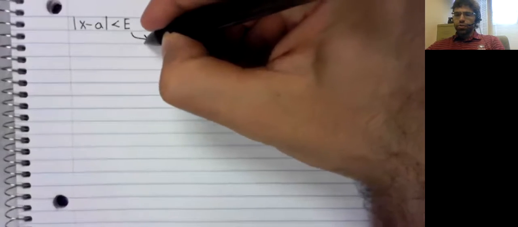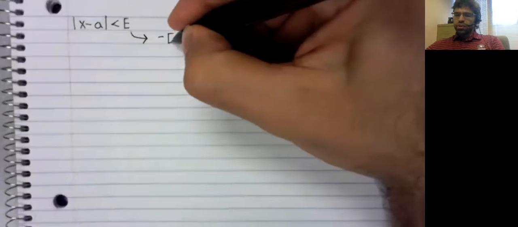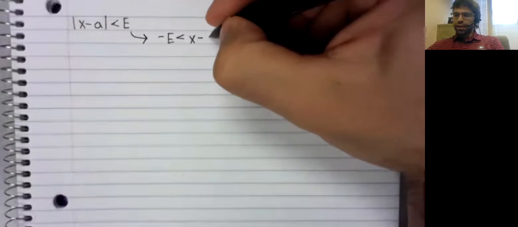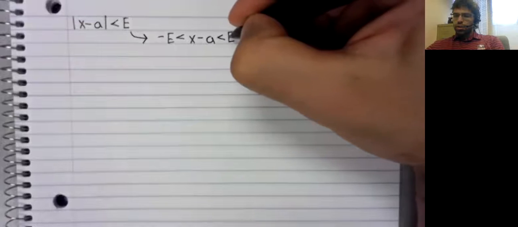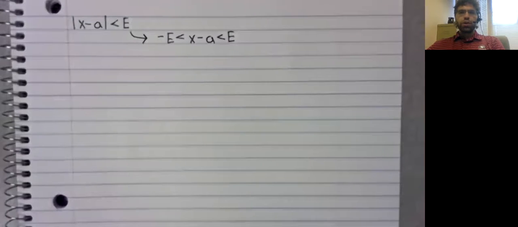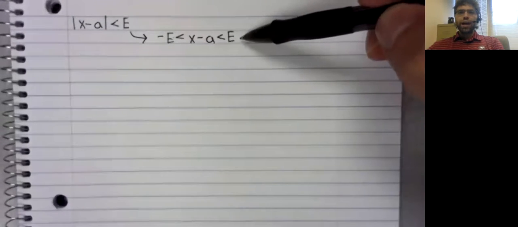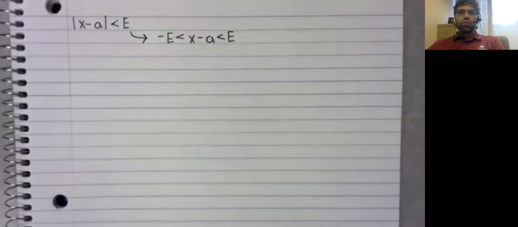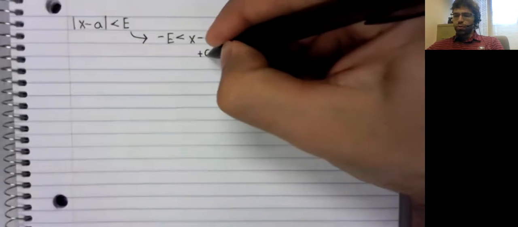The way we solve such an inequality is that it translates into a compound inequality. A compound inequality is one that looks like this. We've got a lower bound and an upper bound all at once. And such a compound inequality is solvable in a very straightforward way.